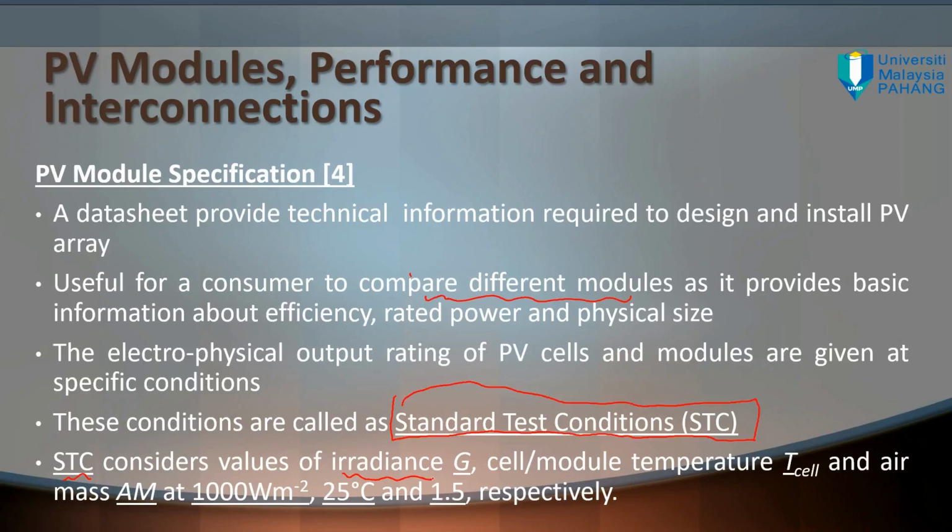We are looking at the irradiance, cell temperature T cell, and air mass, AM. The irradiance is 1000 watt per square meter, 25 degrees C for T cell, and AM 1.5. These are the values for the standard test condition. Okay, basic values for the standard test condition.